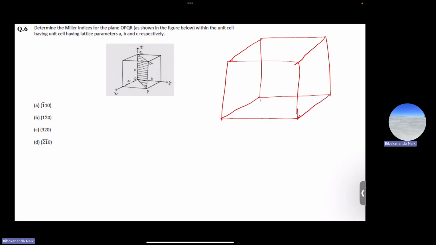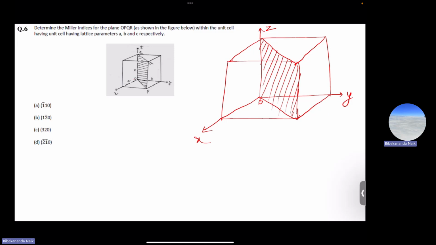So this was the initial origin O. This is Y, this is X, and this is Z. So the plane was this. In order to move the origin, what can we do?